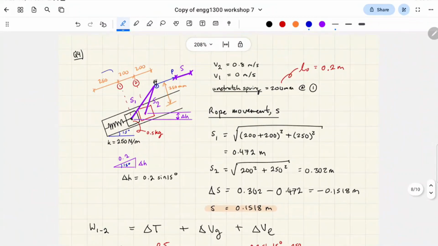In the original state, the length of the spring is 250 mil, so L1 is 250. But in the stretched version, it's 250 plus 200. So that's L2 for our second case.